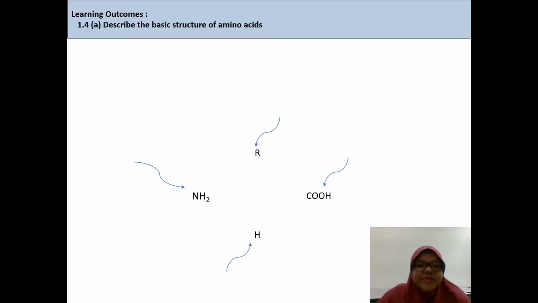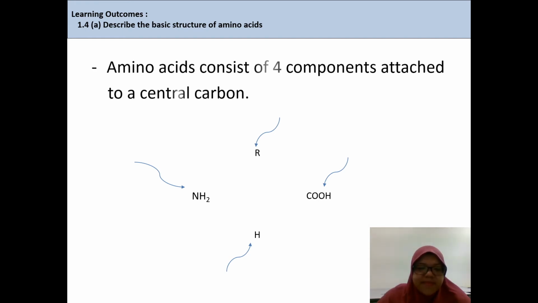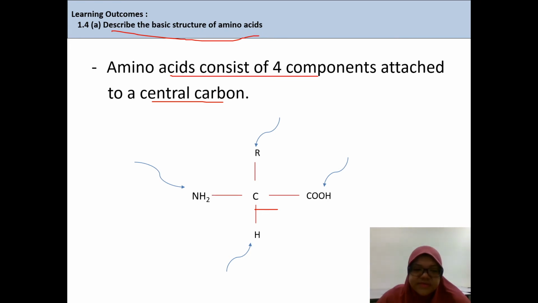Now we go to the first learning outcome, which is to describe the basic structure of amino acid. An amino acid consists of 4 components attached to a central carbon. This is the central carbon, attached to the 4 components: 1, 2, 3, and 4. What are the 4 components?